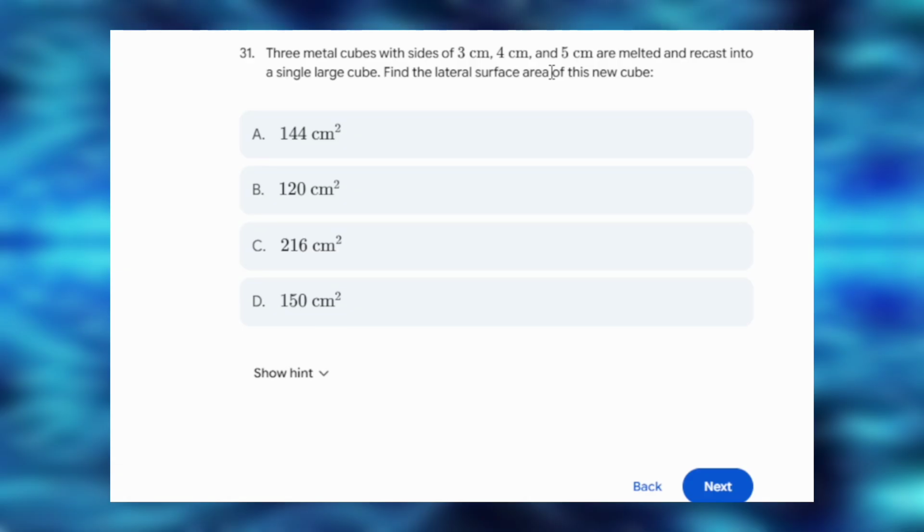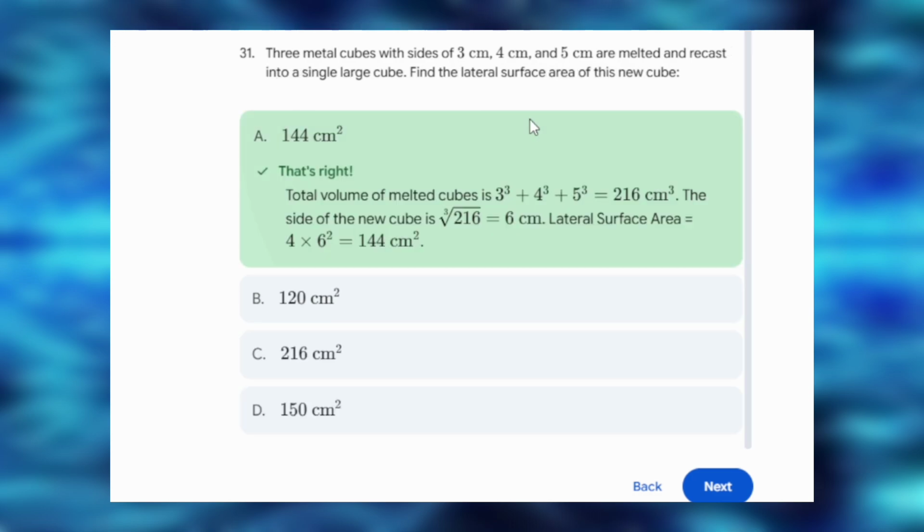Total 216. Then a equal to 6 centimeters. Lateral surface area 4a square, 4 into 36, 144 square centimeters is the correct answer.